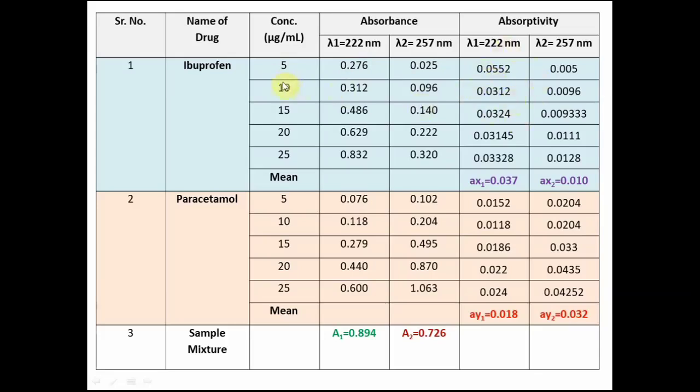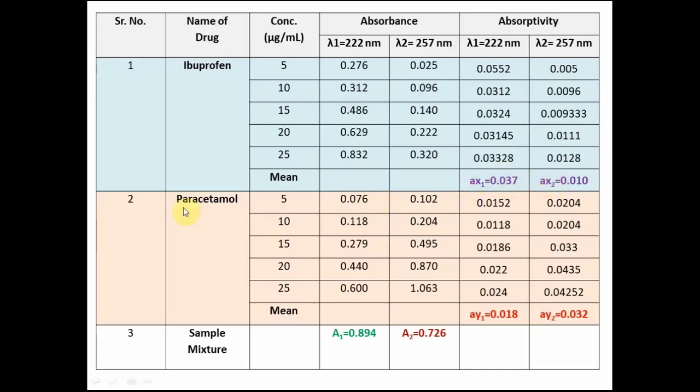Likewise, we have calculated for these concentrations and absorbances, and these are the absorptivities. These are for lambda 1 and these are for lambda 2. From this, we have taken the average Ax1 and Ax2.